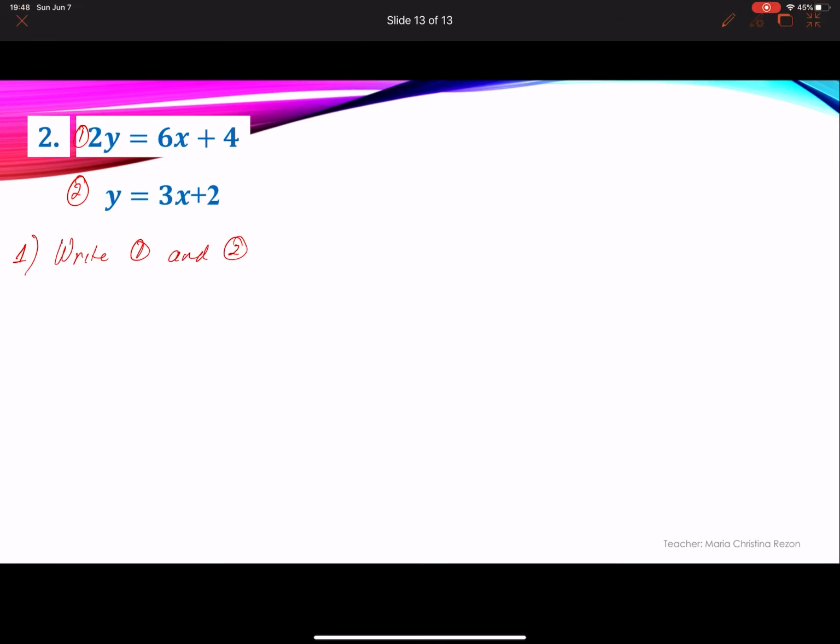So you have 2y equals 6x plus 4. Then we want y and x on the left side of your equation, so that would be negative 6x plus 2y equals 4. Okay, and then we can call this equation 3.